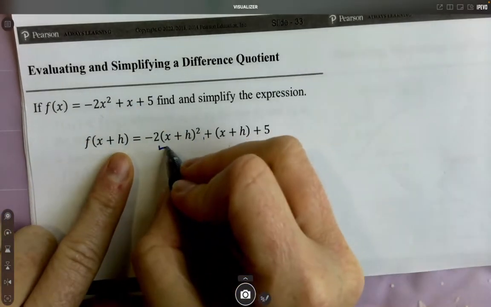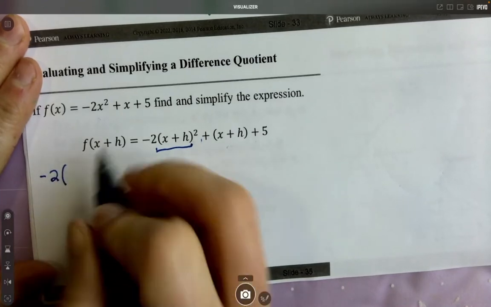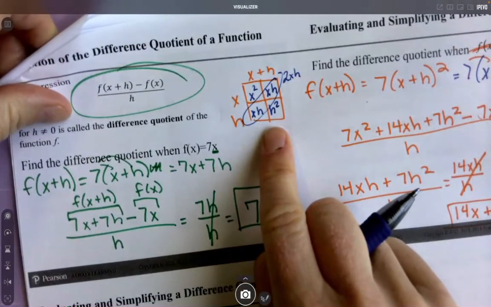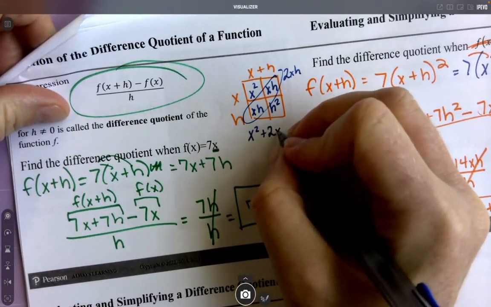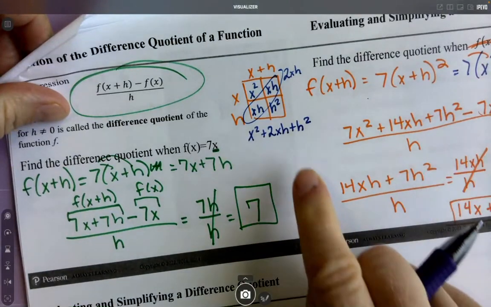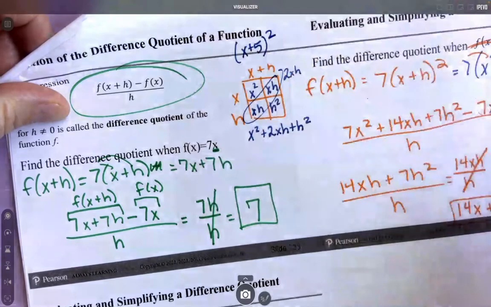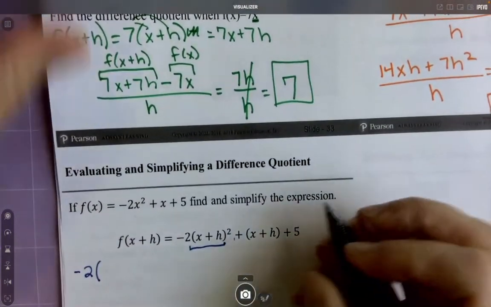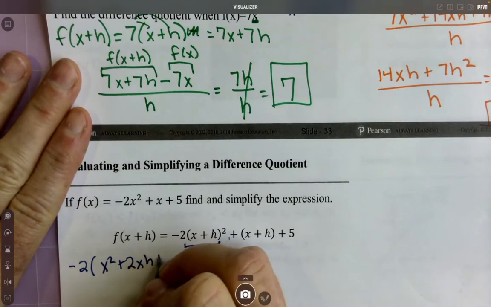We've already done this once. So I'm going to do negative 2 times that, which was this up here, x squared plus 2xh plus h squared. This is just the x plus h squared. So I'm going to bring that down here.